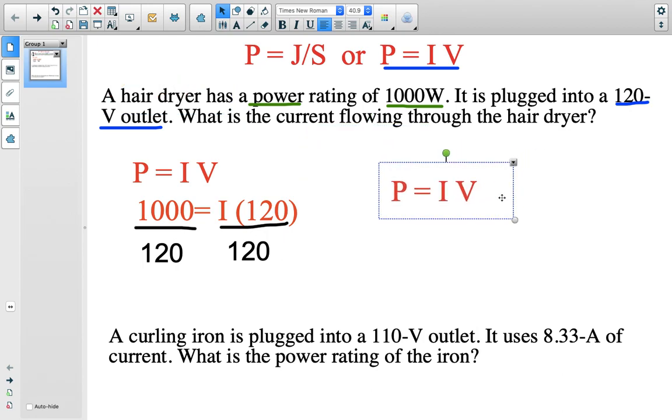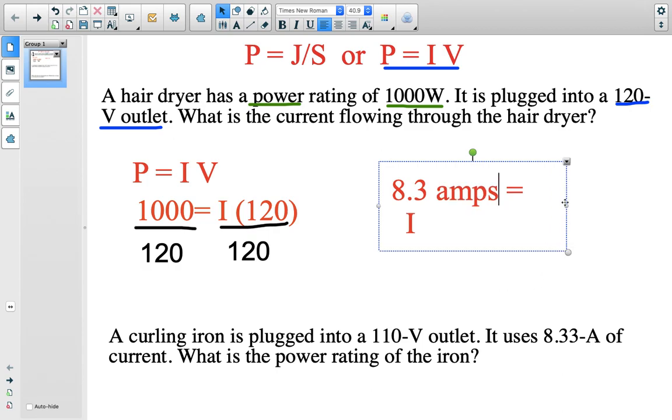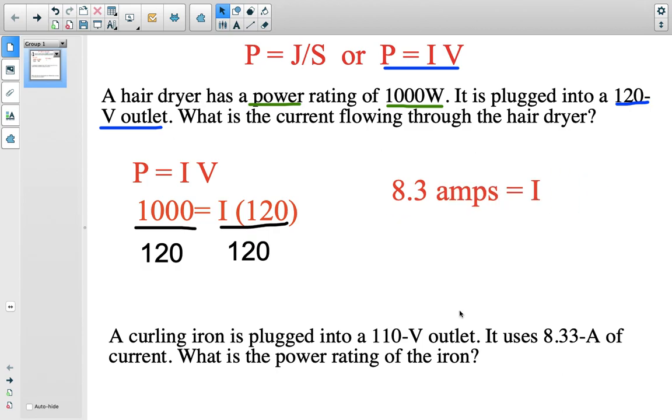So I is now equal to, well, what's 1,000 divided by 120? 8.3 repeating, so let's just round to the nearest tenth. And our units for current is amps. Okay, so very similar to Ohm's law.